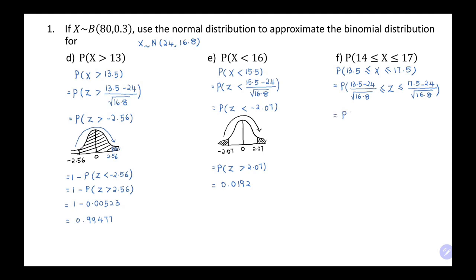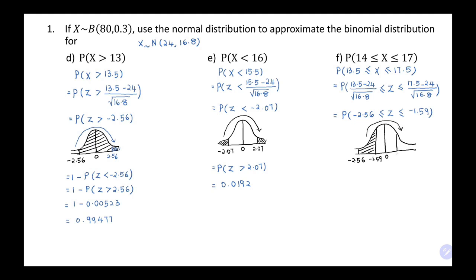Then we solve, we get value Z negative 2.56 and negative 1.59. Then we sketch the curve to check the area. We have negative 2.56 and negative 1.59. So we have area here. And we know this area is the same as this area.